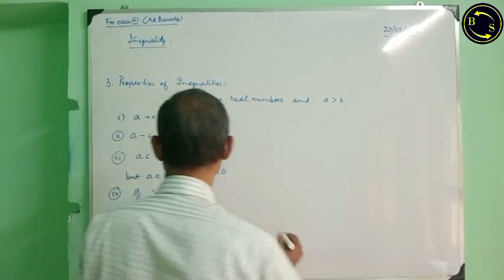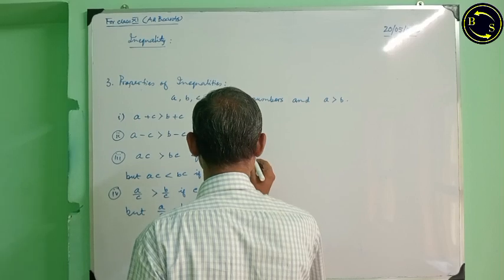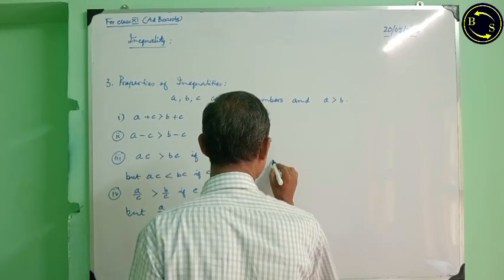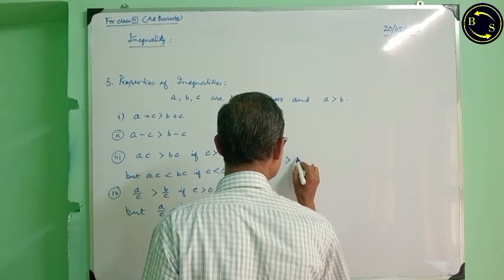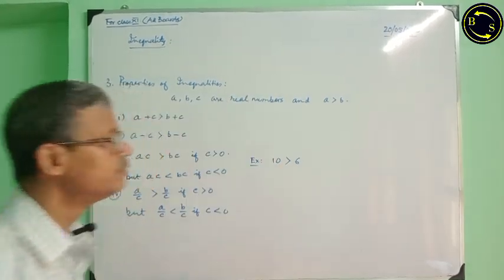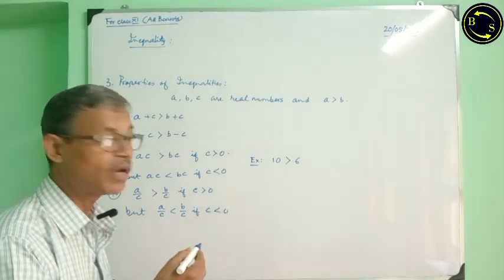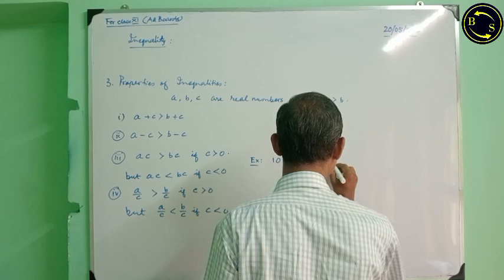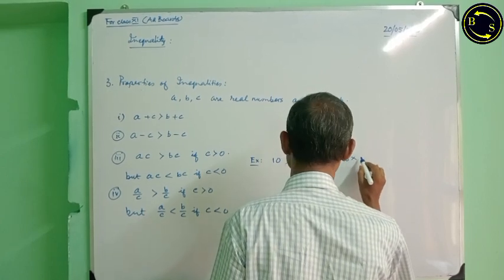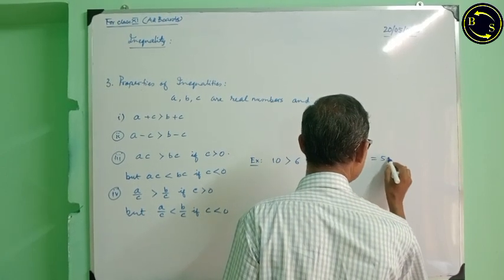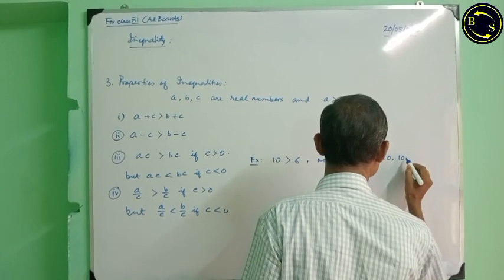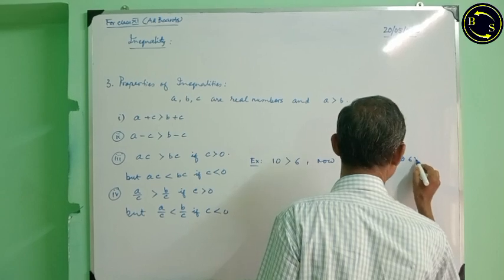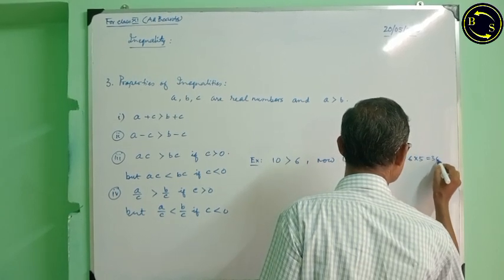We can understand by taking this example. Say 10 greater than 6. If we multiply both sides by a positive number, say 5, now 10 into 5 is 50, 6 into 5 is 30.